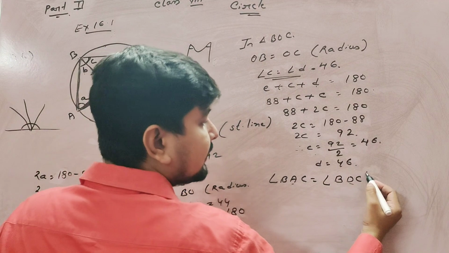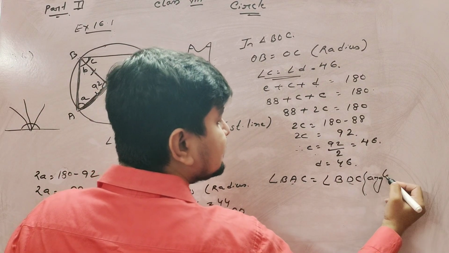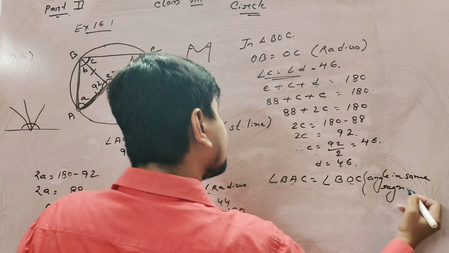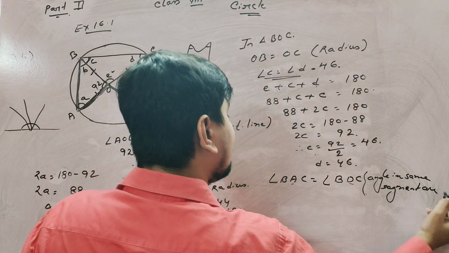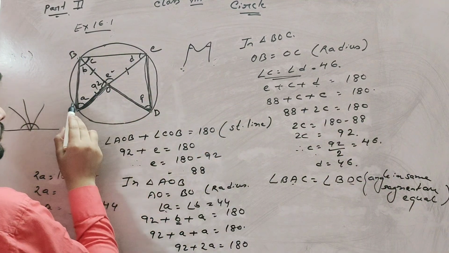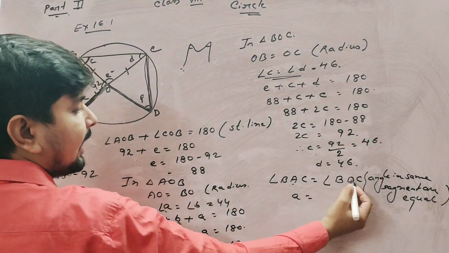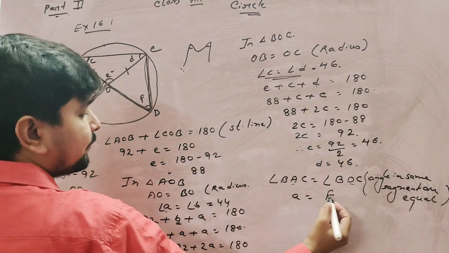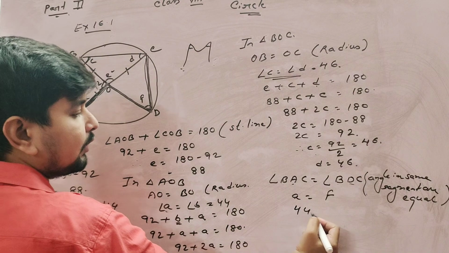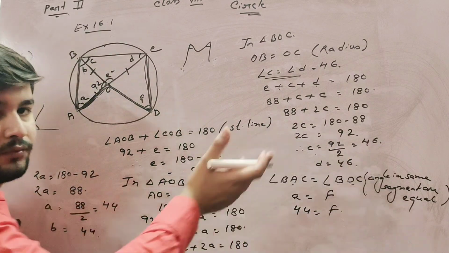So we write the theorem: angles in the same segment are equal. So in place of BAC we write A, and in place of BDC we write F. The value of A we already know, it's 44. So the value of F is also 44.